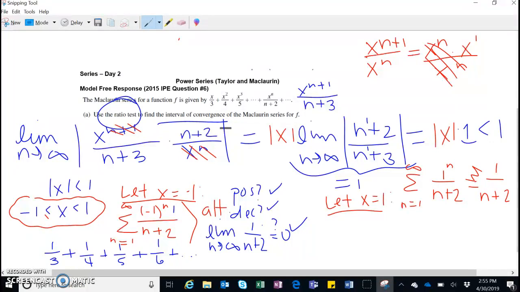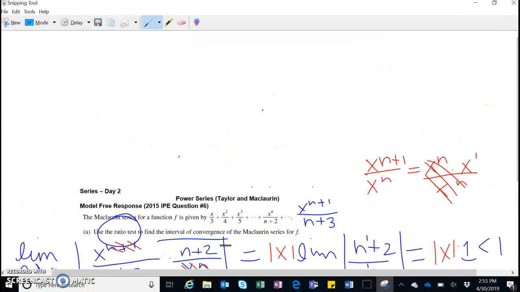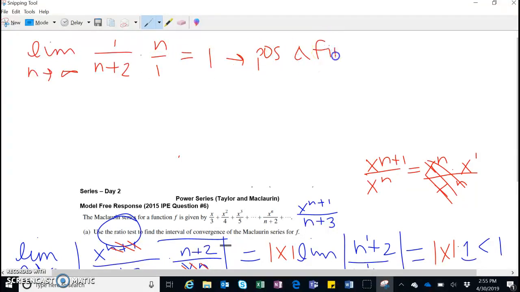But based on some of the multiple choice we did today, you might also want to try a comparison, because you can just compare to 1 over n, which is the divergent harmonic series. And I'm quickly running out of space here. Let me scroll up to the top. If I look at that harmonic series, I can run through the limit comparison test and take my series and multiply by the reciprocal of that harmonic series, and I get a limit that's 1, which is great because that's positive and finite.